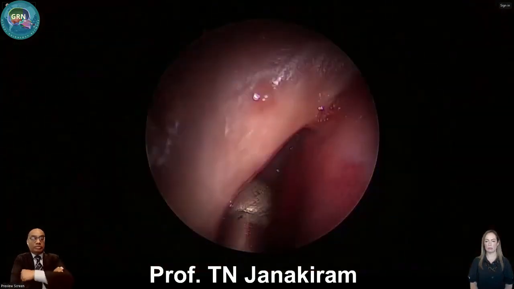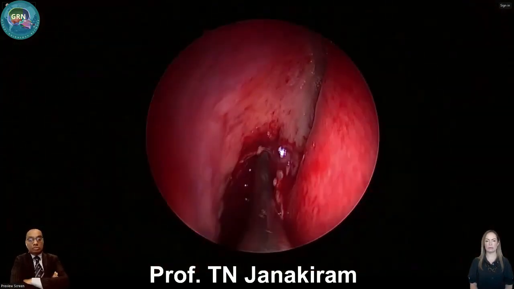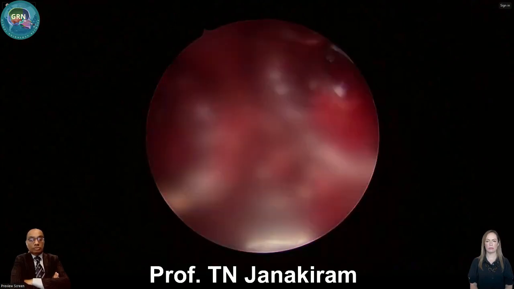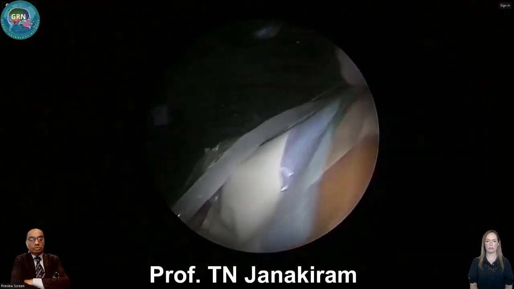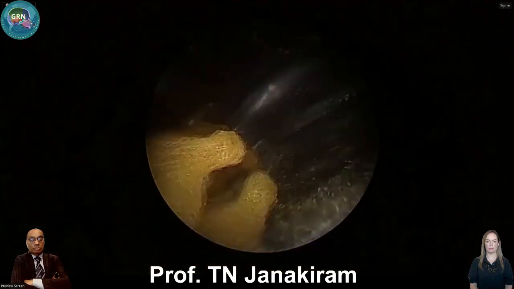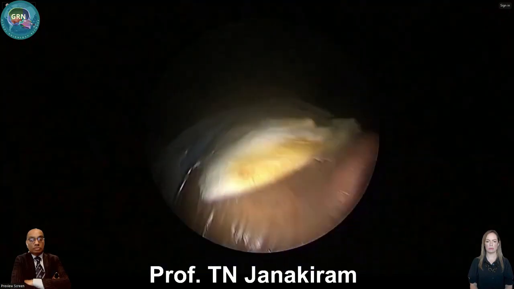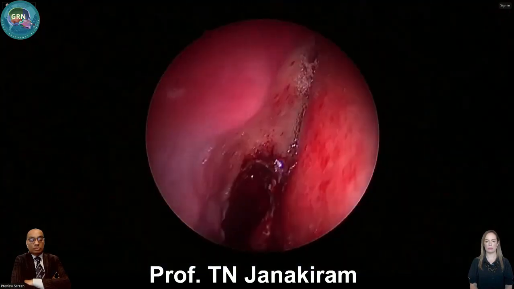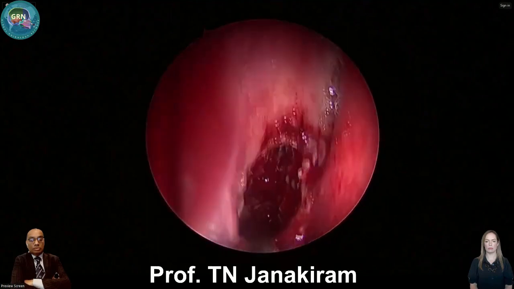So if you have a polyp like that, what do you do? What I do is I keep one Merocel or a lint soaked in steroid inside the frontal. Give me a small lint soaked in steroid. Decadron.